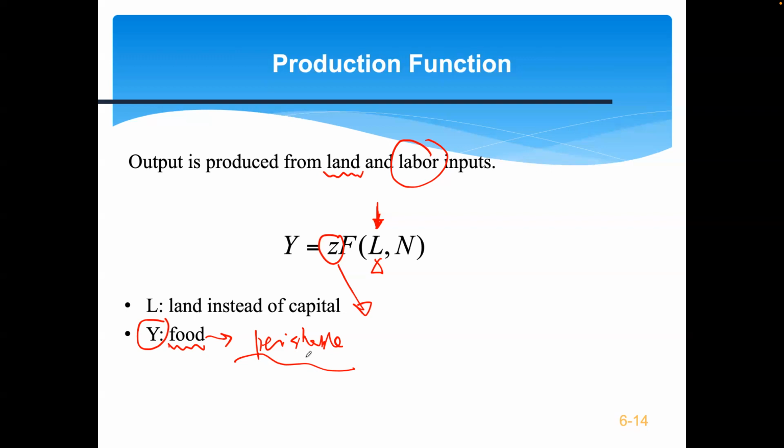To summarize, based on observation of human history up to 1800, we largely live in an agricultural society, an agricultural economy. We rely on land to produce food for us to consume, for us to survive. In order to produce food, we need land, we need labor, and technology helps us improve the yield of our land.